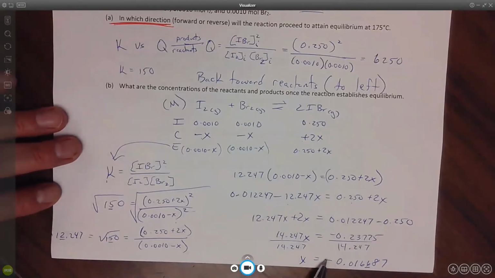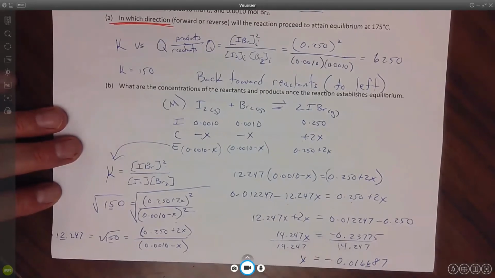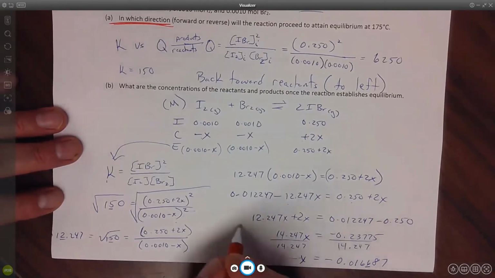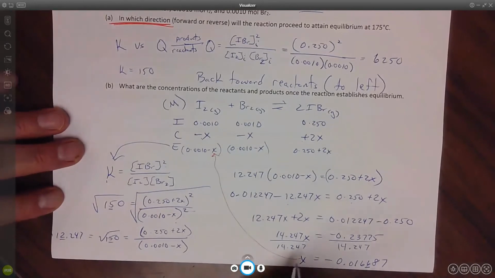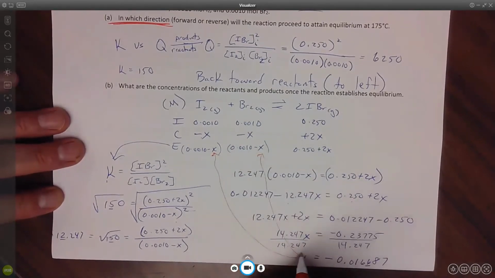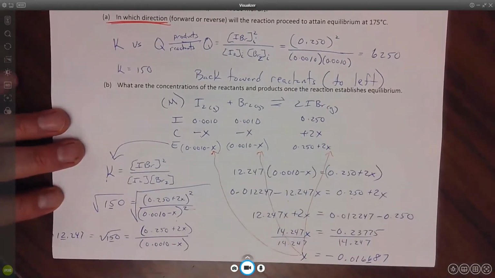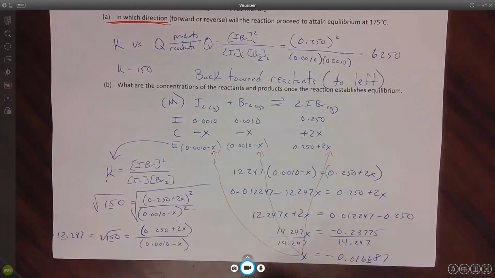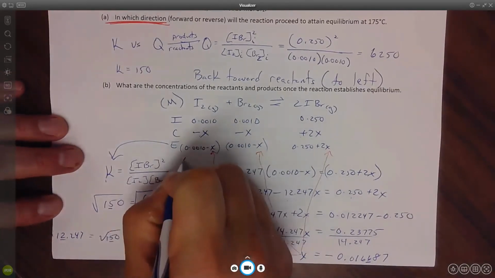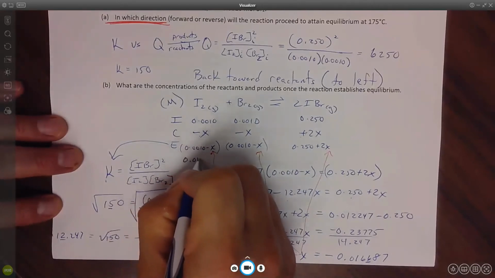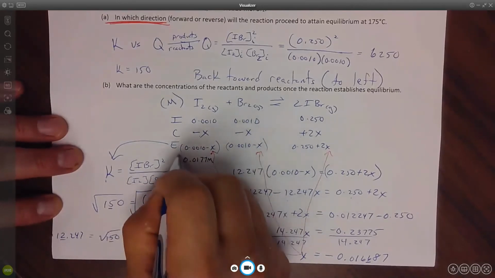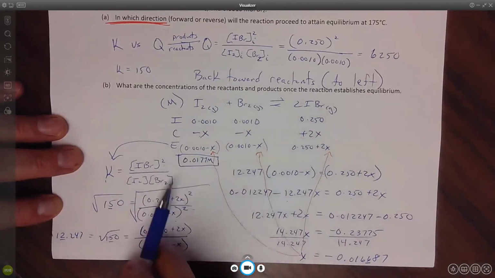Okay, so now that we got x, I'm just going to substitute these values of x back in, right? So that's x, that's x, that's x. And when I do that, that's going to give me the value of 0.0177 molar for the iodine.